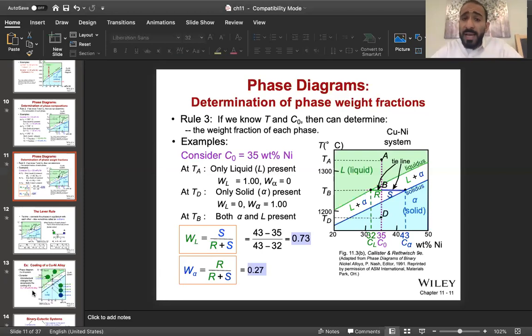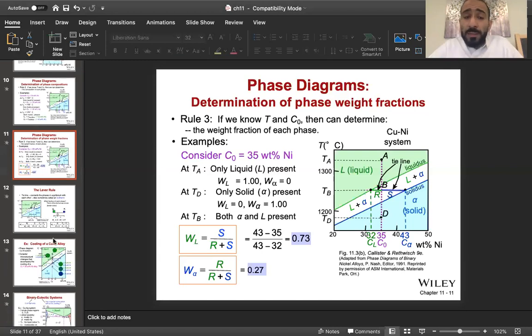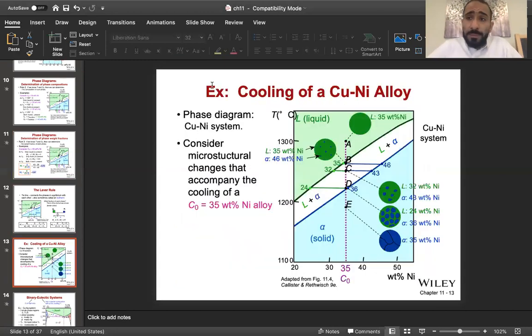This is why phase diagrams are very useful for material scientists and for materials engineers. Why? Because you can know what phases exist, and sometimes those phases have different mechanical properties. Okay. Before we end this lecture, I would like to go over this slide very quickly.